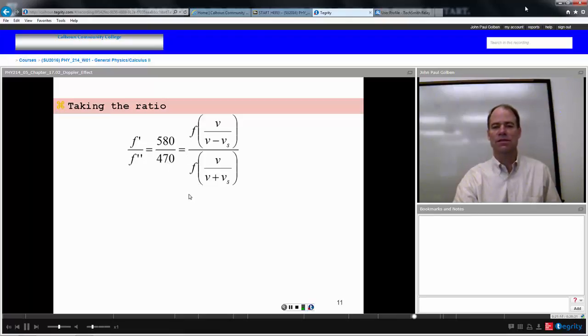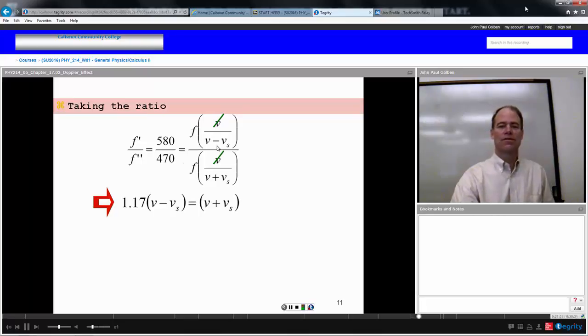The actual frequency of the source will cancel out, and so will the velocity of sound in the numerator. And so I'm going to have 1.17, which is this fraction, times velocity minus velocity of the source will equal velocity plus velocity of the source, and we'll solve this for the velocity of the source, knowing that the velocity of sound is 343 meters per second.